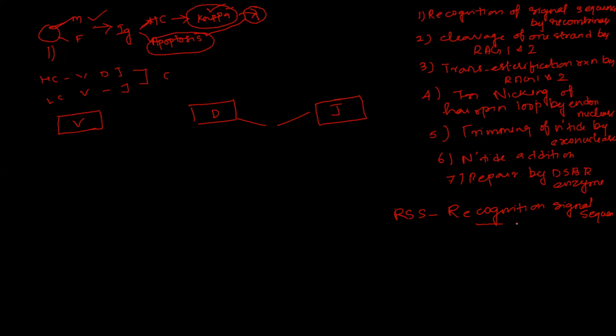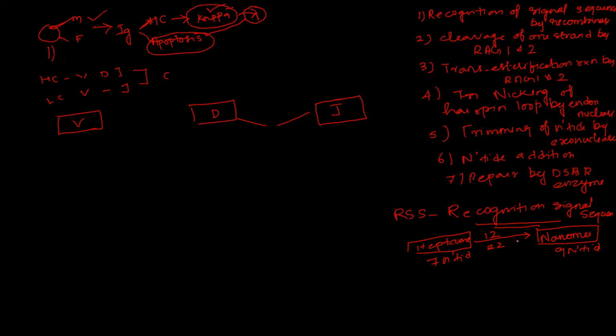So this RSS, if you actually zoom in, it has got a structure where it has a heptamer. Heptamer means how many nucleotides? It is 7 nucleotides. Okay. Followed by a 12 or 22 base pair spacer, followed by again a nonamer, that is 9 nucleotides.